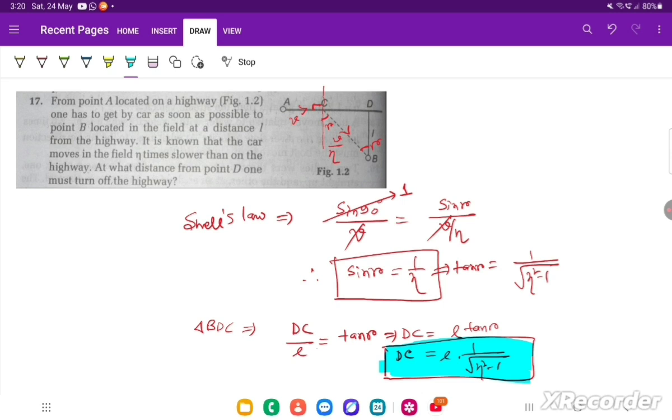So again I'm repeating that I'm just vanishing some intermediate steps, and this is nothing new. You knowingly or unknowingly use this result for this kind of problem. But if you know the condition for which time will be minimum, that is this relation of sine and velocity, then you can quickly solve this kind of problem.